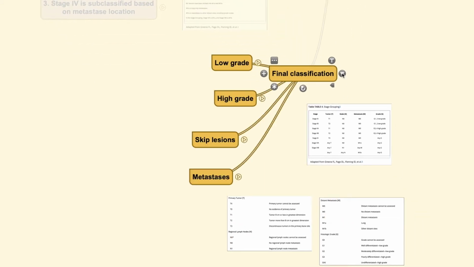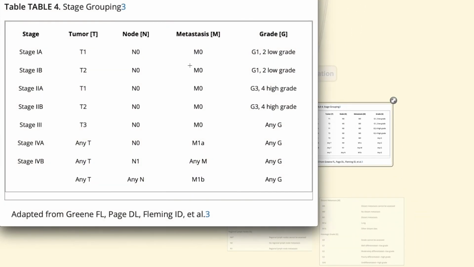There you go. So for the final classification or stage grouping, it is based on the involvement, the size of the tumor, T1, T2, or T3, based on the description earlier, and it is also based on the N or the node and the metastasis state of the tumor, along with the grade.